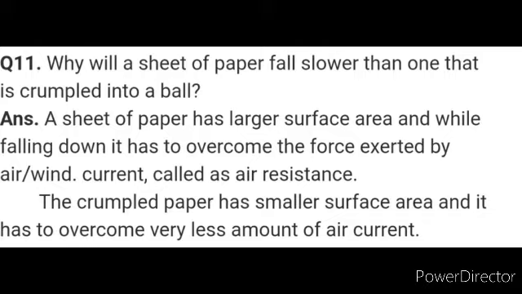The reason is that a sheet of paper has a large surface area, and while falling down, it has to come across the force exerted by air and wind, because its surface area is larger, as the air resistance acts in between, because of which the speed slows down.